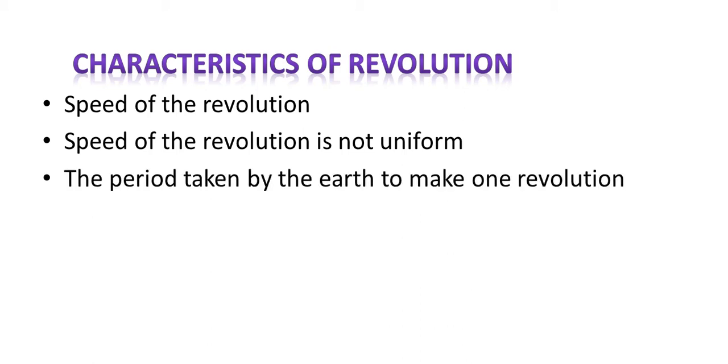Third, the period taken by the earth to make one revolution. The period taken by the earth to make one complete round of the sun is 365 days, 5 hours, 48 minutes and 45.51 seconds, which is taken as 365 days and 6 hours.